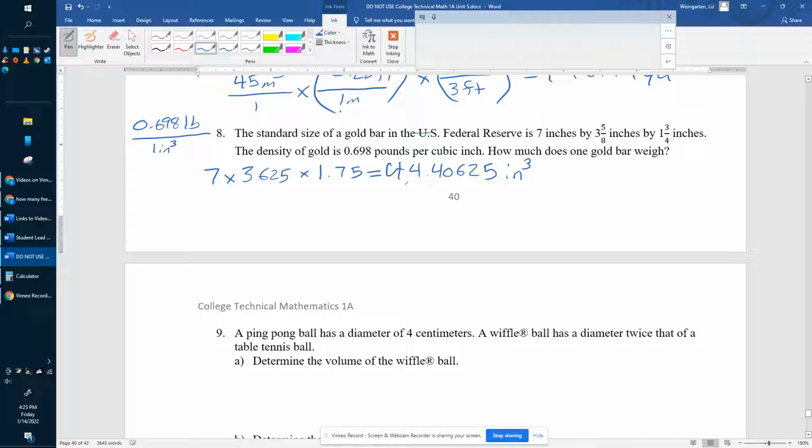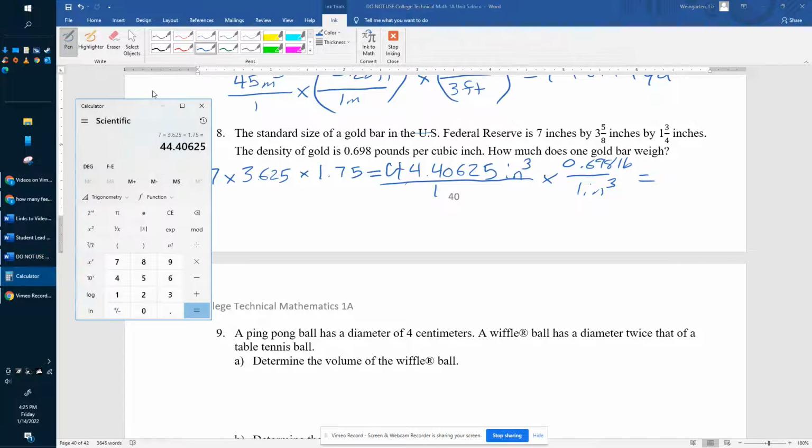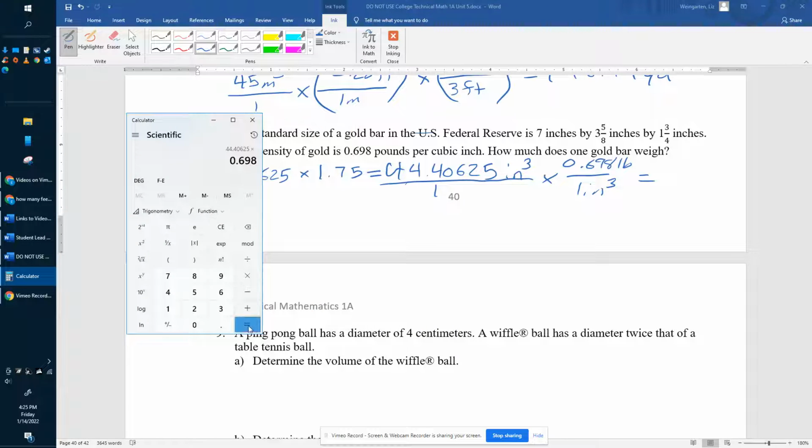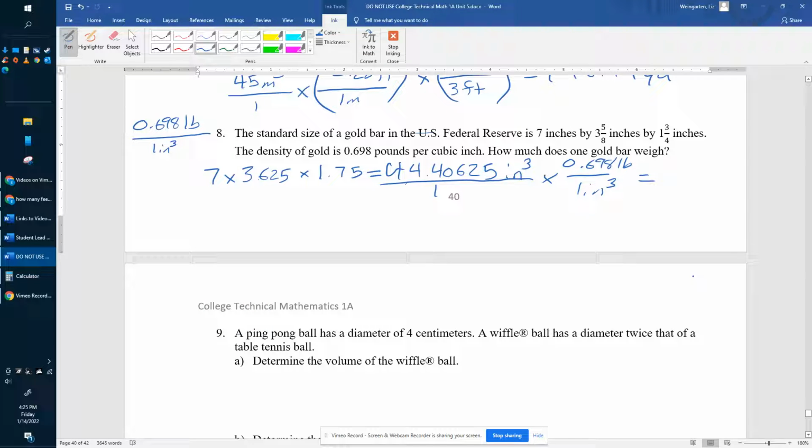So that's our conversion factor. So we can go ahead and use that. So this is over 1 times 0.0698 pounds over 1 inch cubed. So we'll go ahead and just multiply that out. About 31 pounds.